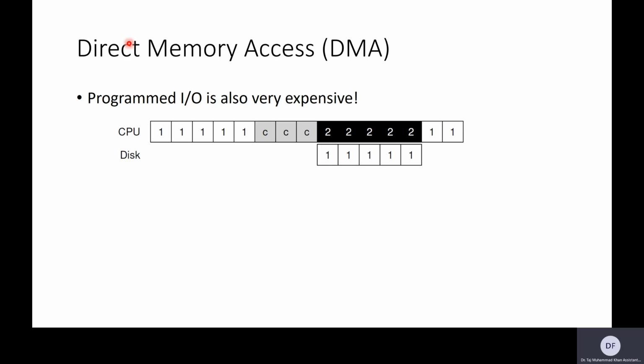It's a very simple circuit found in most motherboards, and it can transfer data from RAM to the device registers or vice versa, independent of the CPU. What the CPU does is just give the source address, destination address and the amount to transfer to the DMA, and then it can go ahead and do some useful work. The actual data transfer will be done by the DMA instead of the CPU.